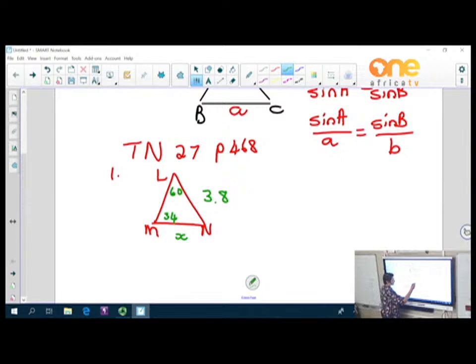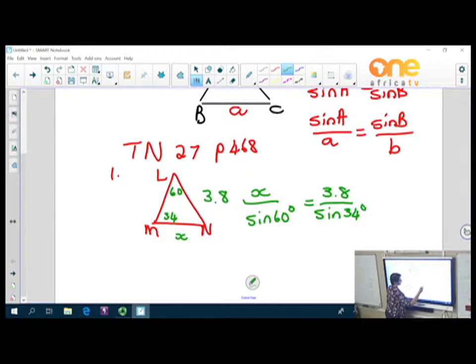So I'm going to put the one that I want to calculate in the left-hand top. So this is then x over sine 60 degrees, which is equal to 3.8 over sine 34 degrees. So the opposite side and angle, opposite there. Now to calculate it, this is with algebra that we will do it.